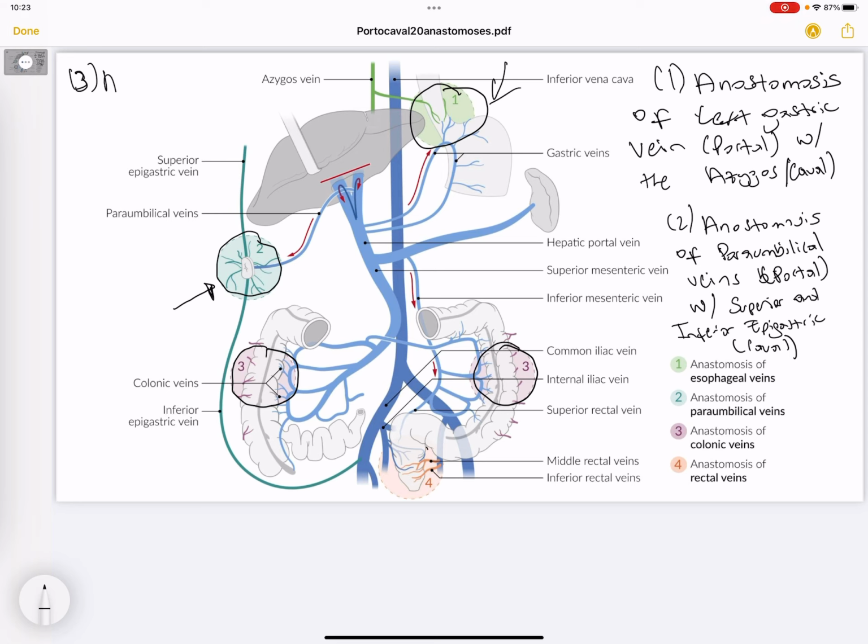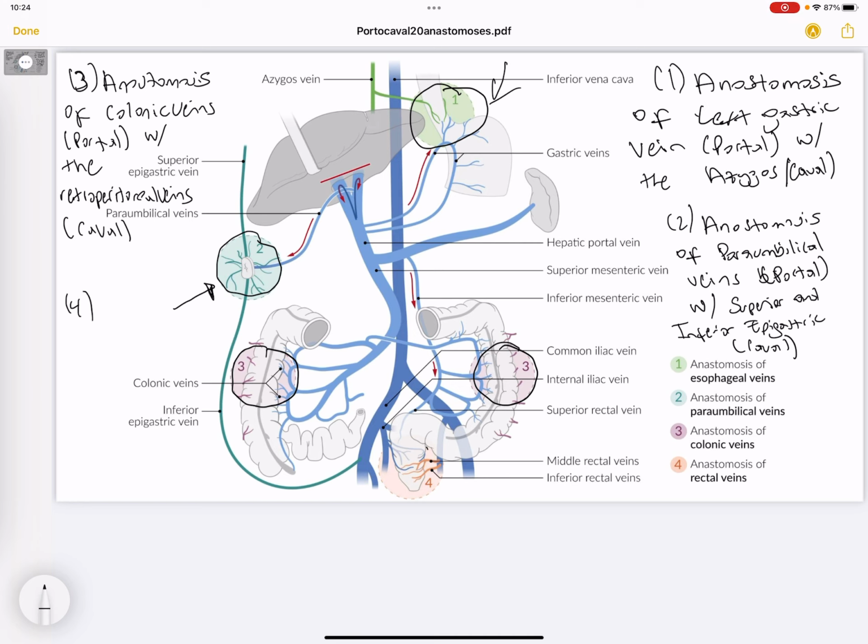And let's write this down again. So at this site we see the anastomosis of colonic veins that are part of our portal system with the retroperitoneal veins of our caval system.